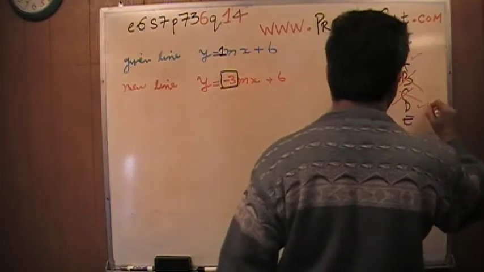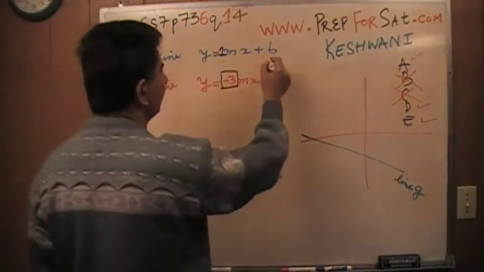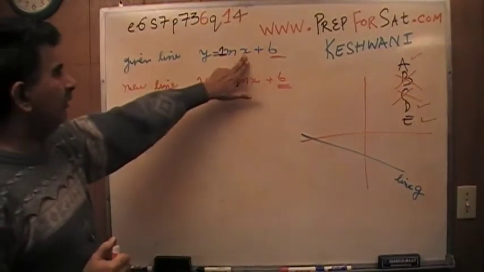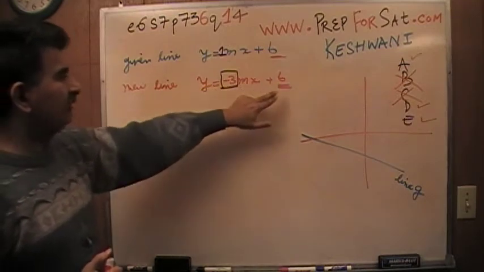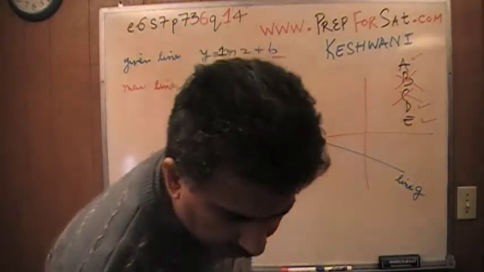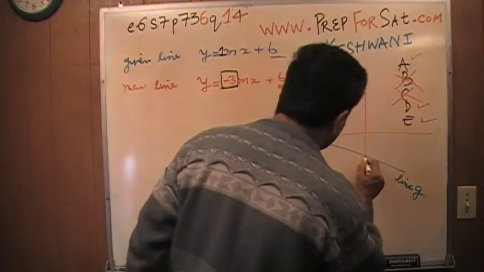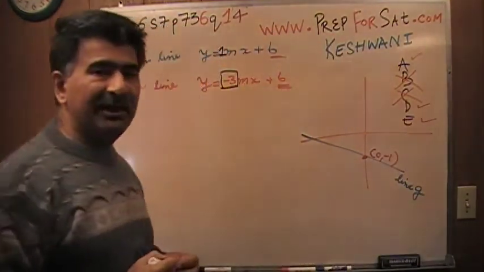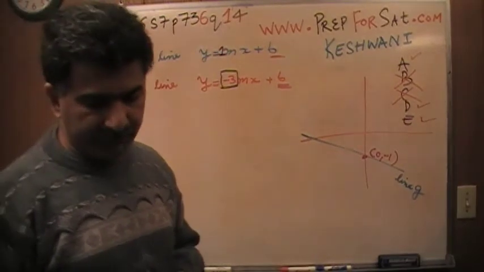The second thing you should notice is that the y-intercept does not change. It's the same in both cases. When x is equal to 0, y equals b in this case, and when x is equal to 0, y equals b in this case. In this original line, when x is equal to 0, y is negative 1. It goes through 0, negative 1, which means my new line must also go through 0, negative 1.